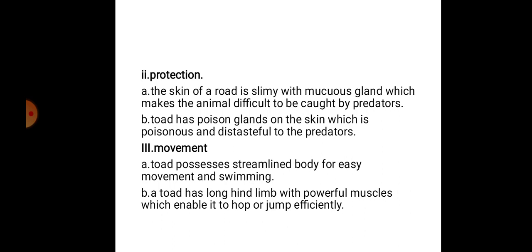B. The toad has poison glands on the skin, which is poisonous and distasteful to predators. That is how it protects itself, the way it is structured.